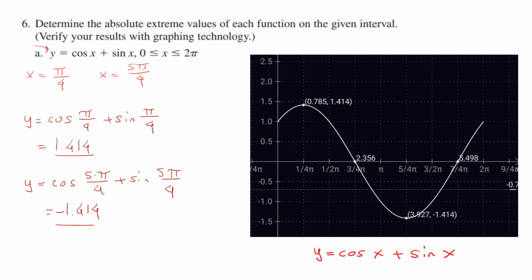So now I know that since this is my highest value, this is my maximum, and it's the positive, and I can verify with my graph that in fact it is my maximum point at 1.414. I see that the negative value has to be my minimum value because it's negative and it's my lowest point. I can verify that also right over here at 5 over 4 pi at a value of negative 1.414.